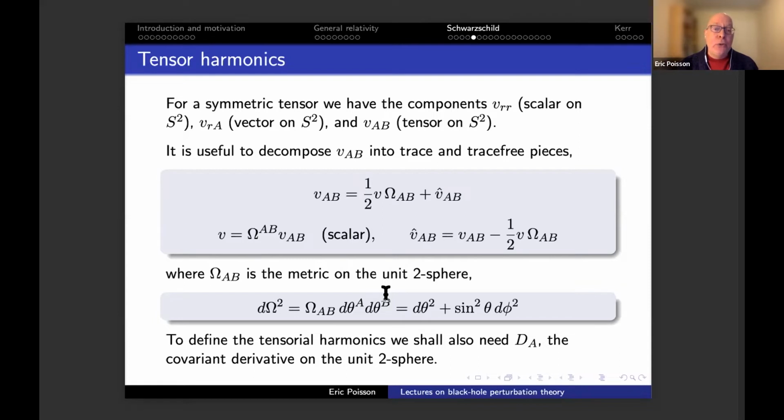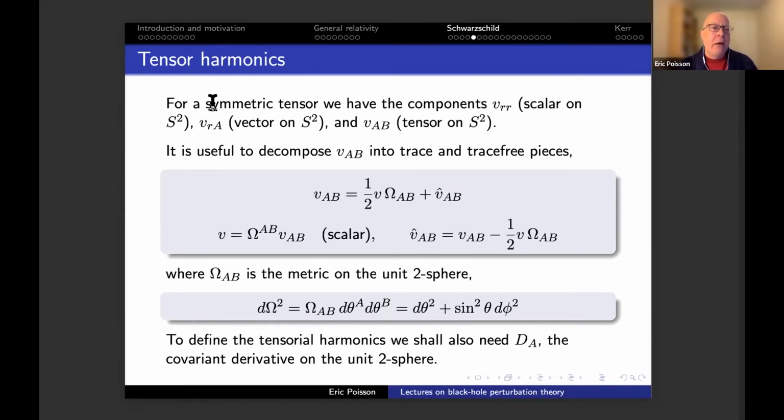I'm going to continue to distinguish between the radial direction and the angular directions. And if we're dealing with a tensor, now we have possibilities of having indices purely in the radial direction, or partly in the radial direction and partly in the angular directions, or fully in the angular directions.